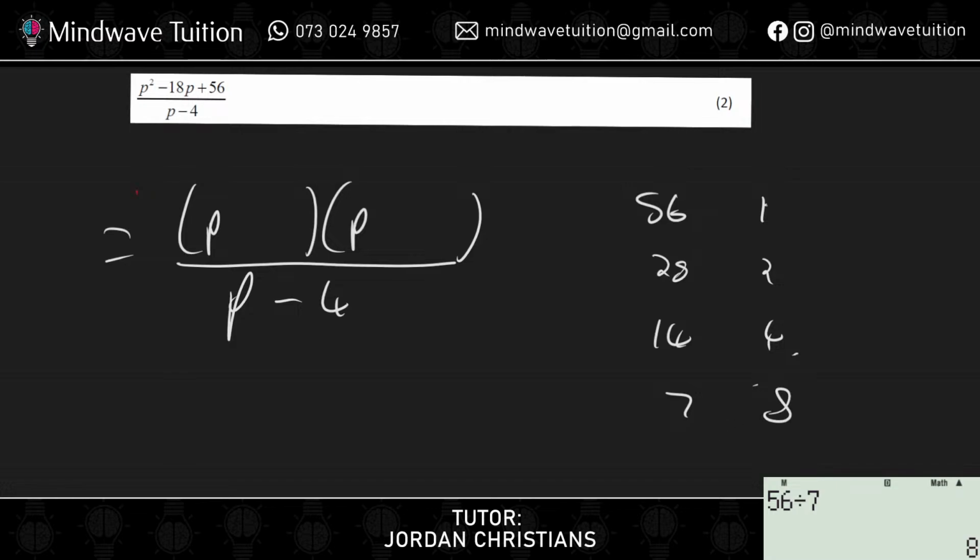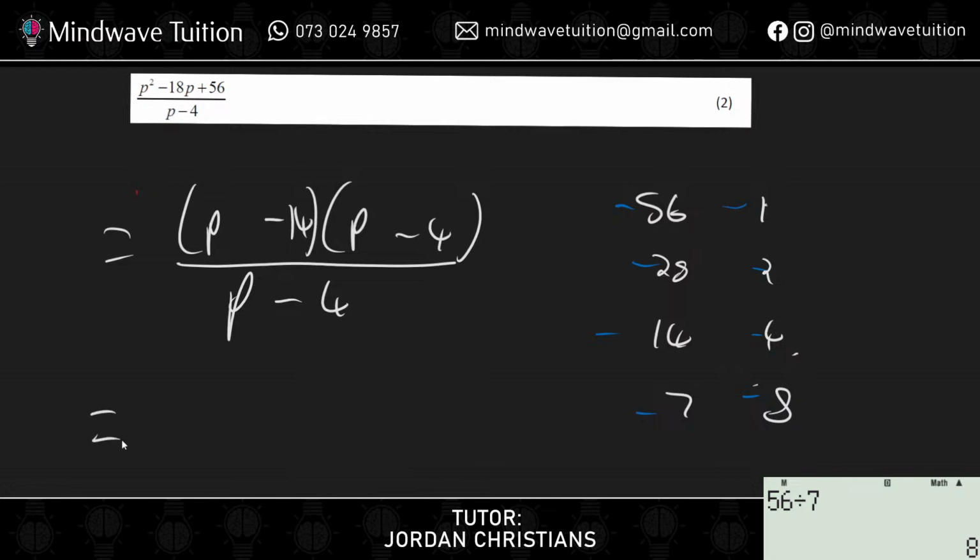So the middle term we want to get to is negative 18, and we have positive 56. So since we have a positive answer, it means that either they both have to be positive or both negative. Since it's a negative middle term, they both have to be negative. So minus 7 minus 8 does not give us negative 18. It actually gives us 3 short, which is negative 15.